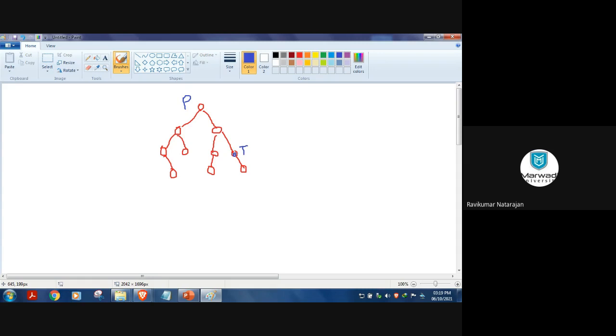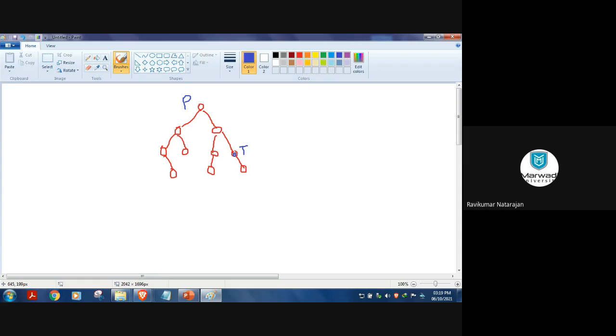From parent, left, right. I will go to left, then right. Okay, that's the second way. Then the third way, right. And this is that. Then you are not visiting the left root, sir.